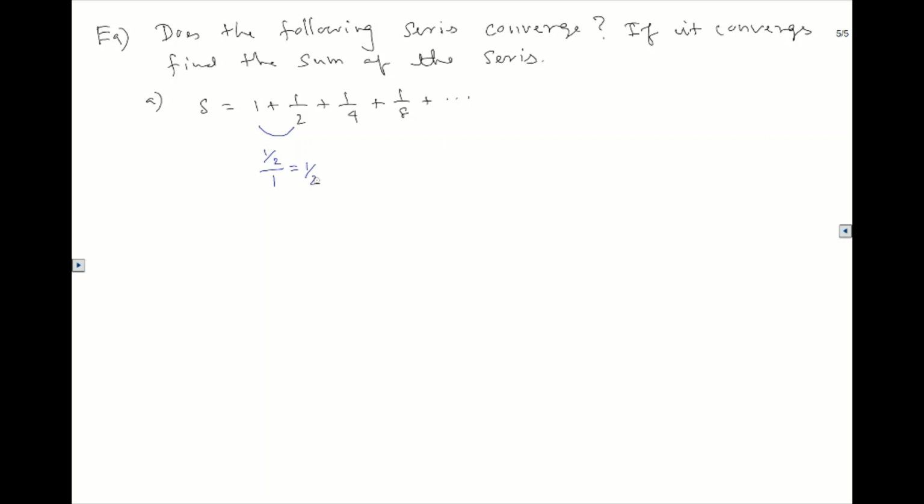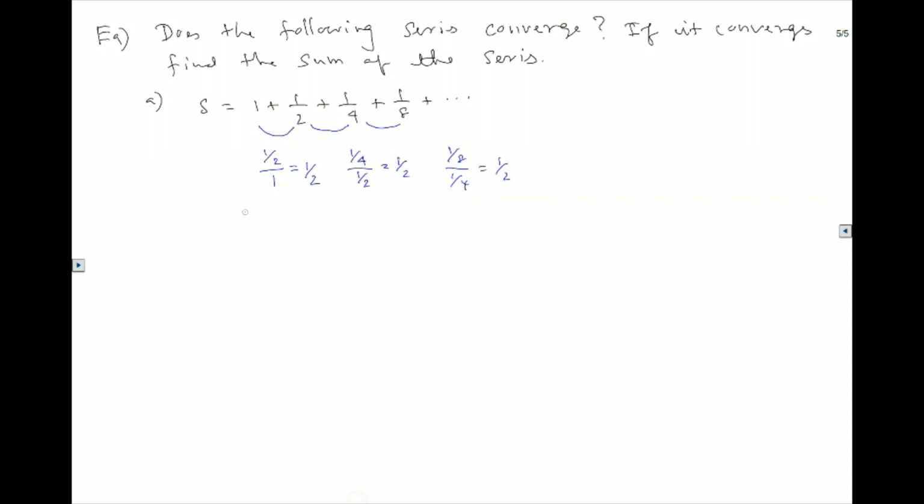But we want to see whether there's a common ratio. So we can divide these two: 1/4 over 1/2, and you can see it is also 1/2. And divide these two: 1/8 divided by 1/4 is also 1/2, because this is half of the bottom one. You can see that it's common, so that is the r value.